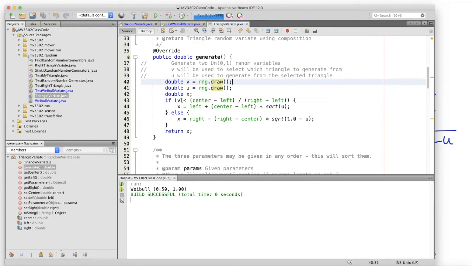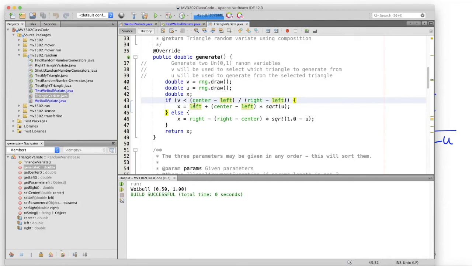Okay, remember, we used V to choose whether we went on the left one or the right one. And we did that with this probability, which was C minus A over B minus A. So that would be the center minus the left over the right minus the left.